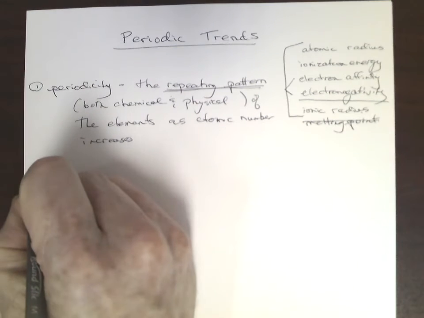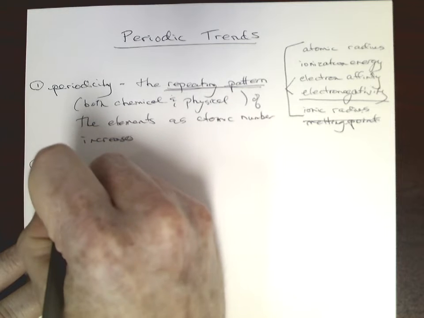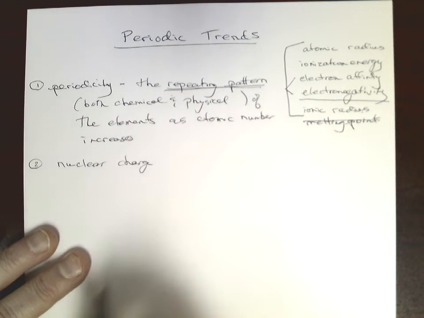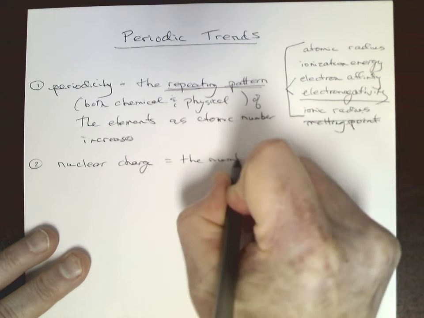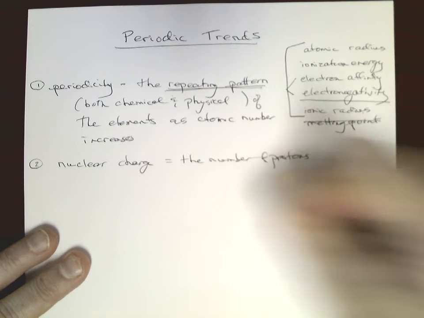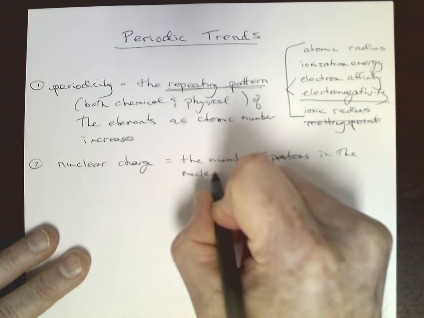Okay, next definition, one that you definitely need to know, and you already know this, is nuclear charge. So the nuclear charge is the number of protons in the nucleus.